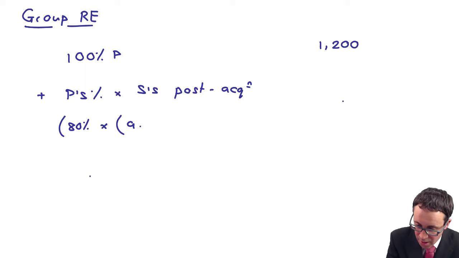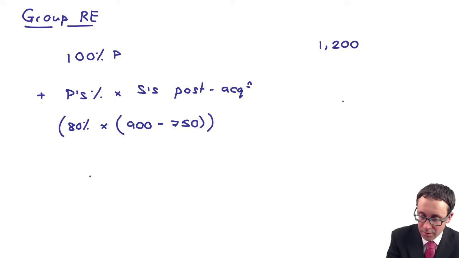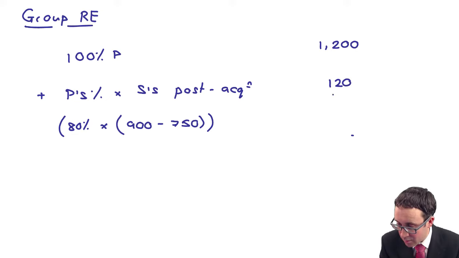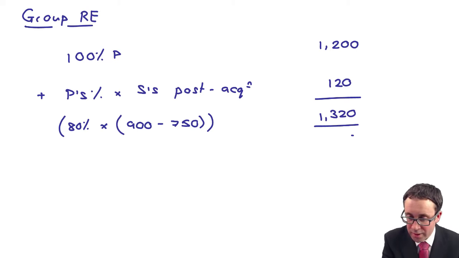So that's the 900 less the 750. 900 less 750 is 150, isn't it? 80% of that is 120. So the group retained earnings are there 1320.